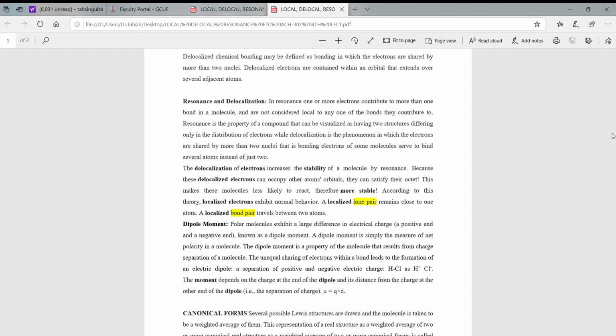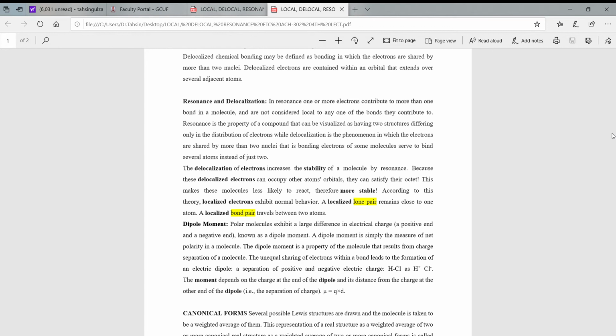When bonding electrons are shared by two nuclei, it is localized.